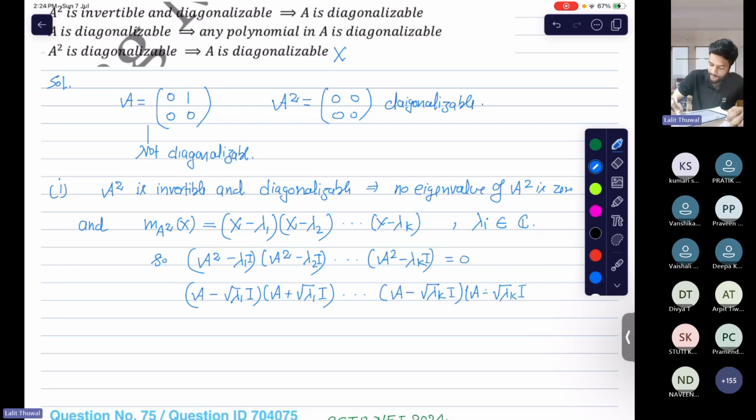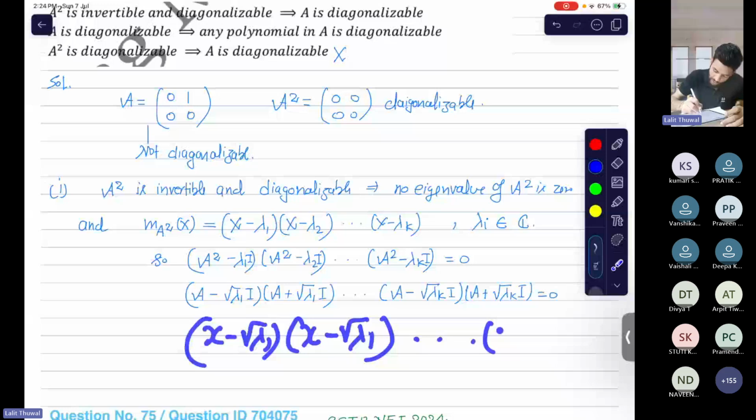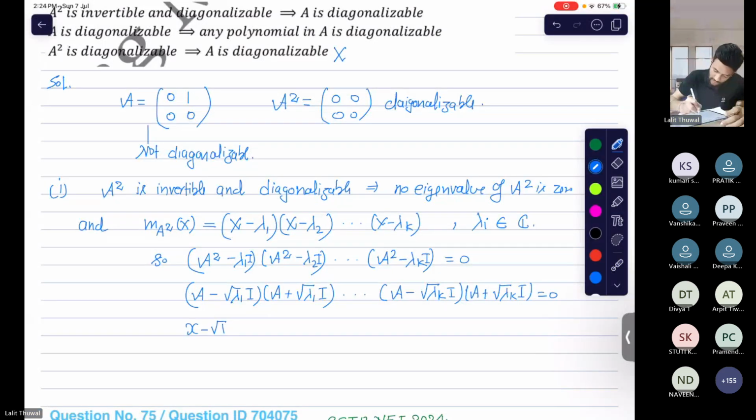So from here we see that A satisfies this polynomial: (x - root lambda 1)(x + root lambda 1) ... (x - root lambda k)(x + root lambda k) annihilates A.